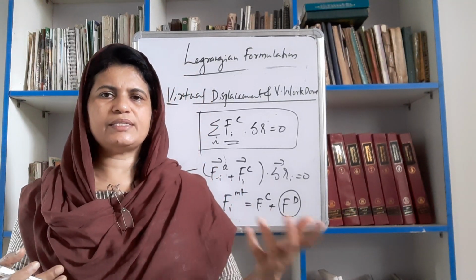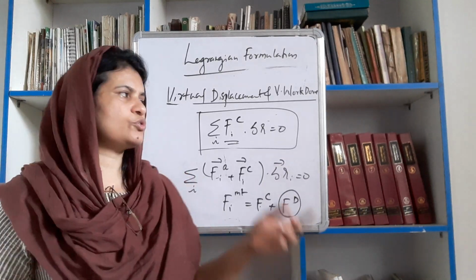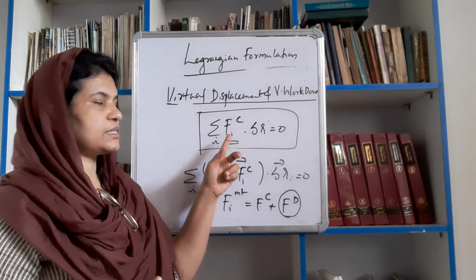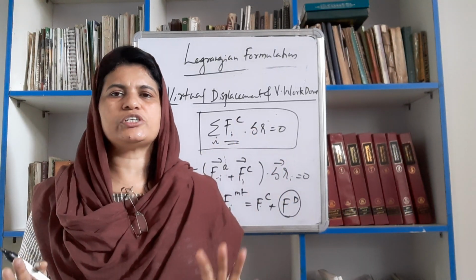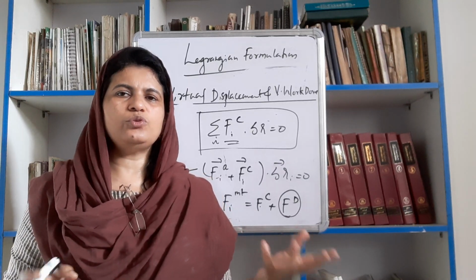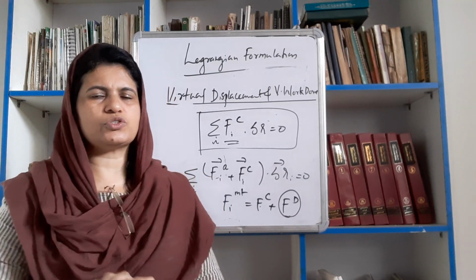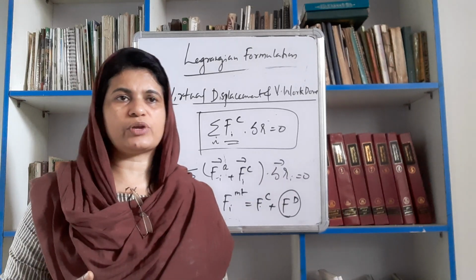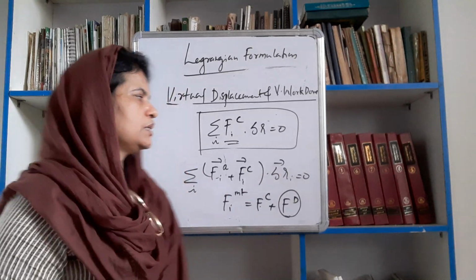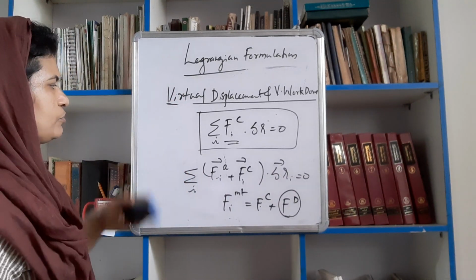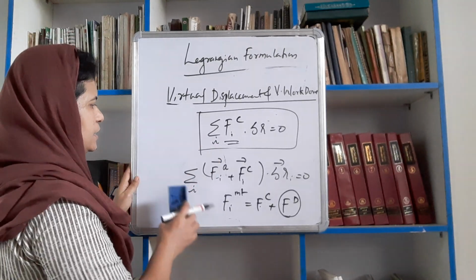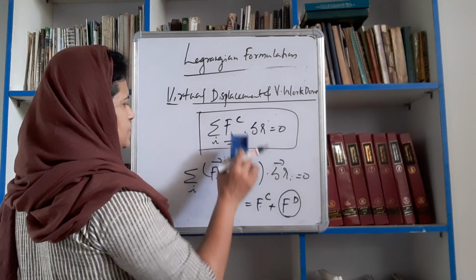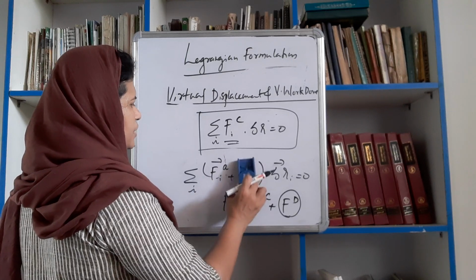In the case of Lagrangian, we are using work done, where the work done because of forces of constraints gets eliminated. Therefore, it is easier to use work done than force. Therefore, it is easier to use Lagrangian or Hamiltonian mechanics than Newtonian mechanics from the point of view of constrained forces.